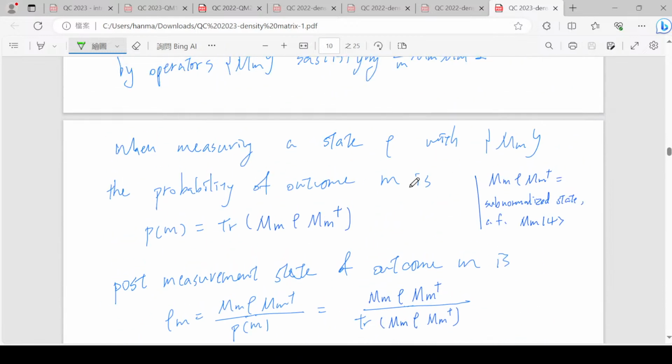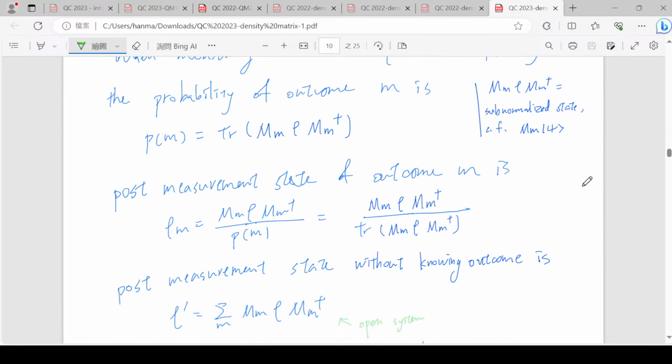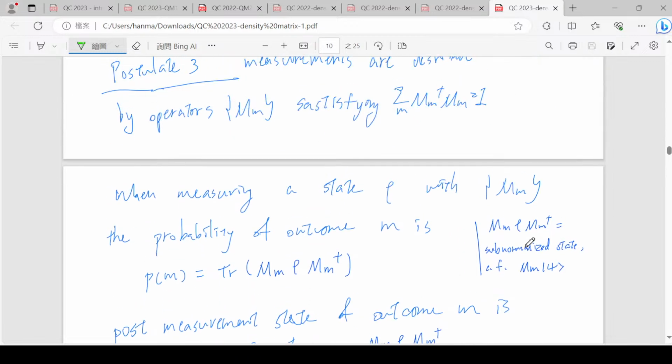The probability of some outcome m is P of m equal to the trace of M rho M dagger. The post-measurement state, when you get outcome m, is M rho M dagger normalized by dividing by P of m, so it's M rho M dagger divided by trace of M rho M dagger.